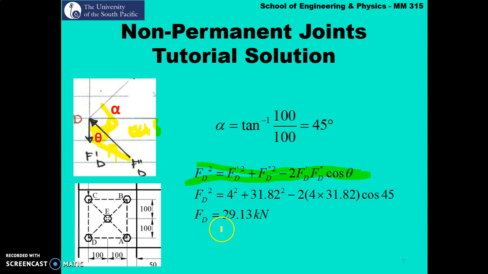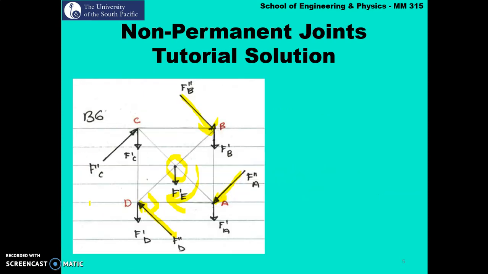Substituting for these variables in the equation, you simply get that F_D, the resultant force acting on bolt D, is 29.13 kilonewton. Again the force acting on bolt D is the same as the force acting on bolt C, with respect to the free body diagram representing the forces acting on these individual bolts.